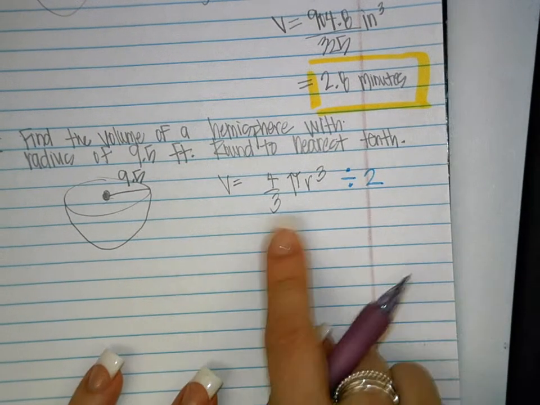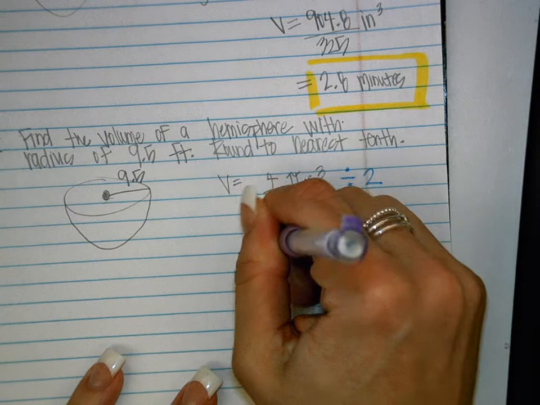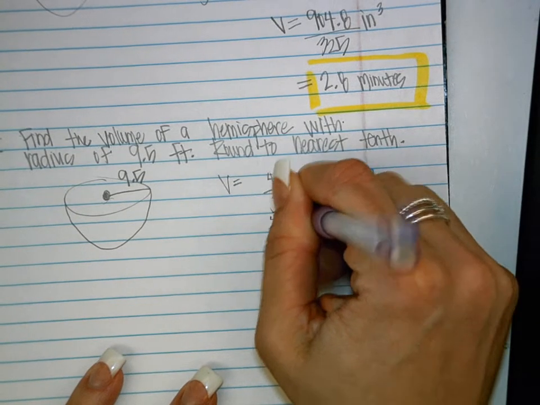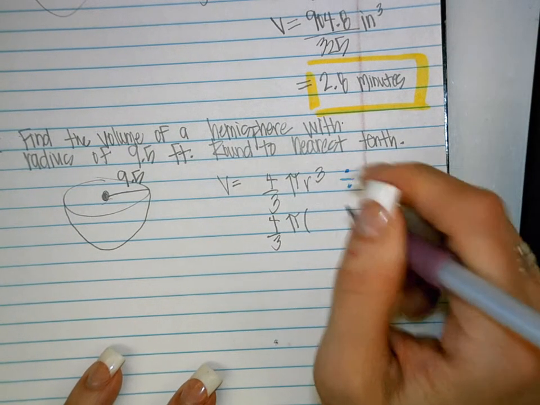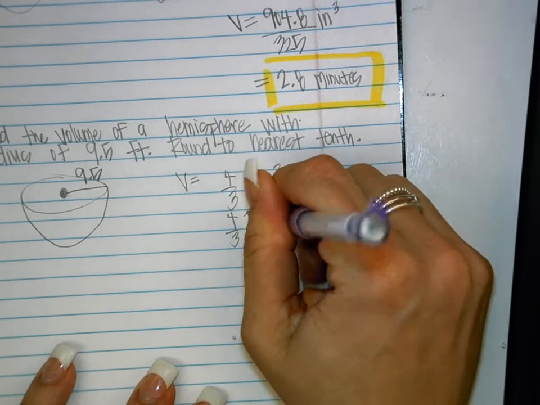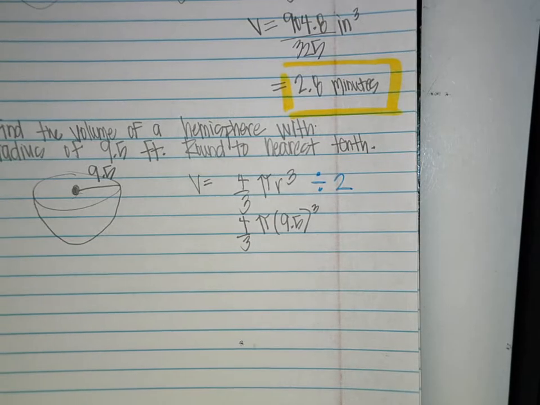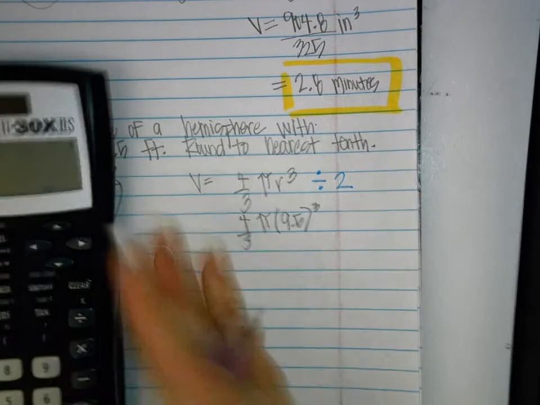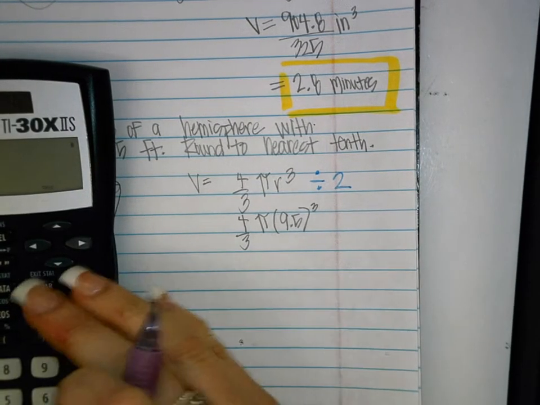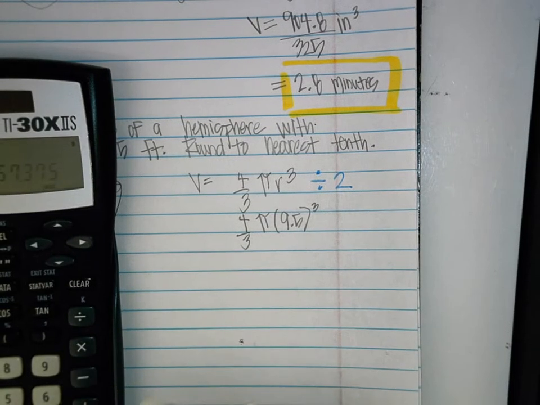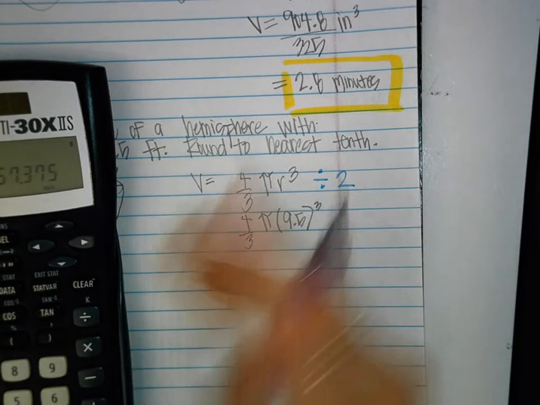So if I plug this in, 4/3 times pi, what's your radius? 9.5. 9.5 cubed. Then at the end, we're going to divide by 2. You can use a calculator for this. First, we want to do 9.5 cubed, which is 857.375.